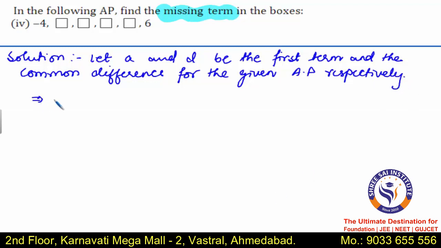This implies the nth term of the given AP is given by A plus n minus 1 into D.